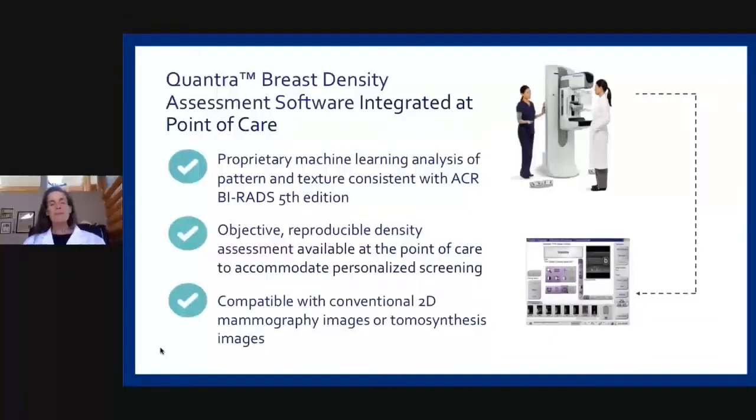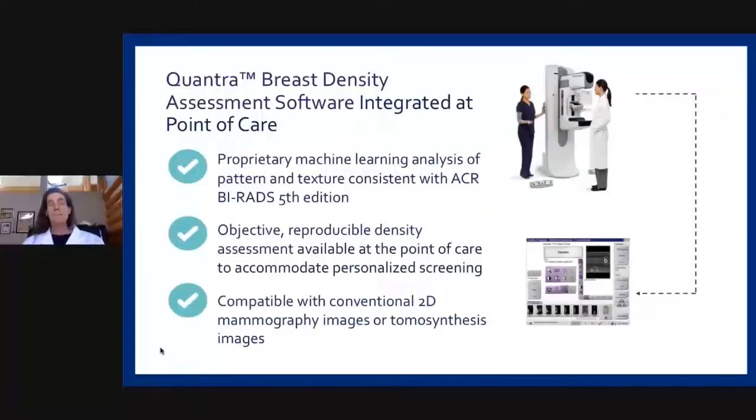And so if we had more of a consistent way of really evaluating breast density, allowing us to see it quickly, I think that again would be a very good positive thing for our patients. And so there is Quantra, which is a product of Hologic, which is very good at evaluating and determining breast density. It's very reproducible, which is again a very important thing.